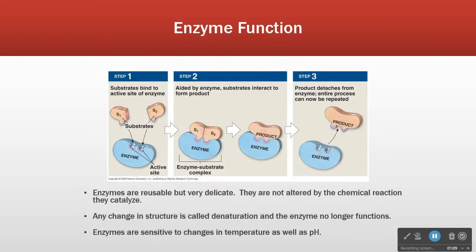All right. So a little bit more about enzyme function. This is a classic example of how an enzyme works. One of the ways is that an enzyme will co-locate, or put together in space, the two substrates that we want to have react. Okay?